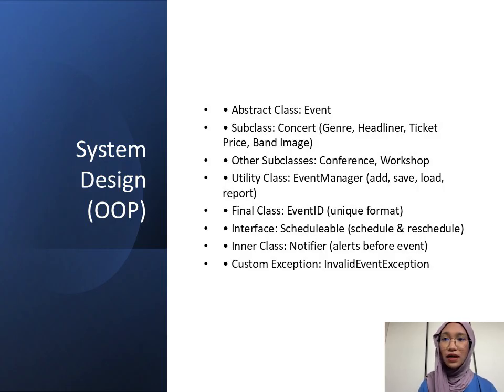We have a utility class called EventManager, which handles tasks such as adding, saving, loading, and generating reports. To ensure each event is unique, we create a final class called EventID, which generates a special ID for every event. We also design an interface called Schedulable, which allows events to be scheduled and rescheduled.